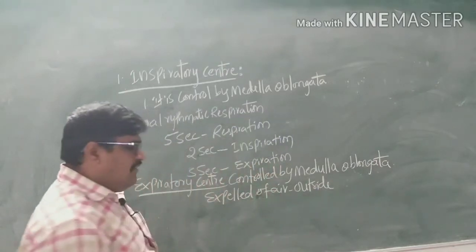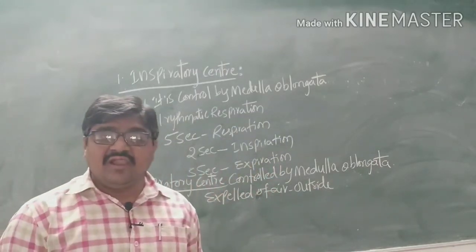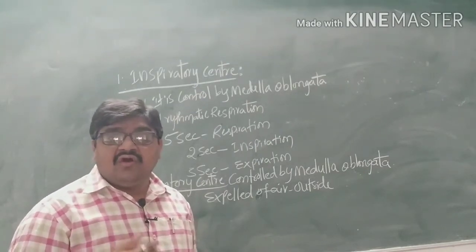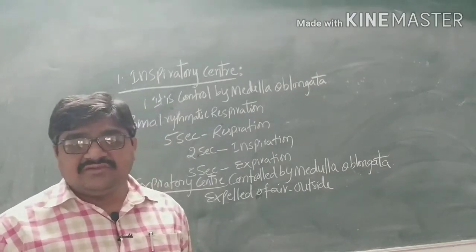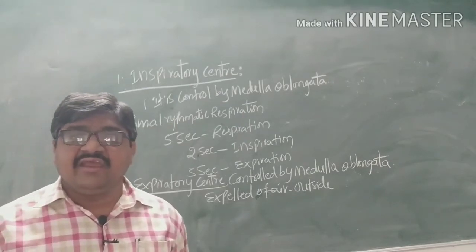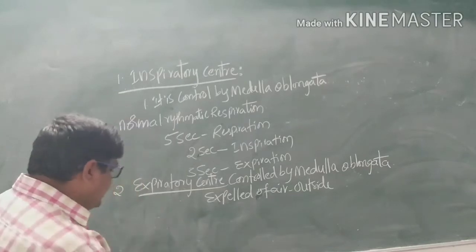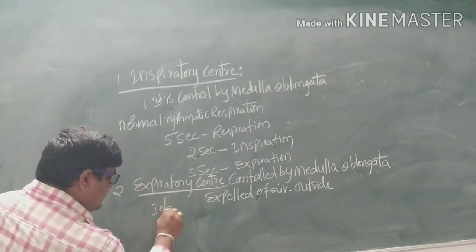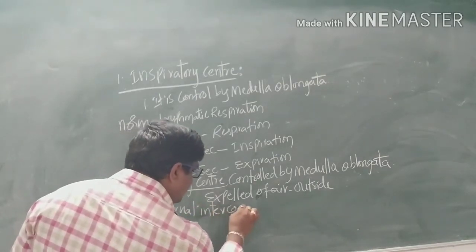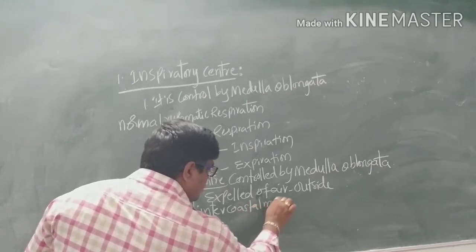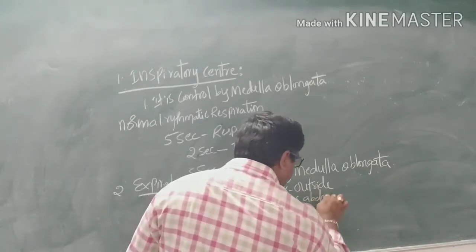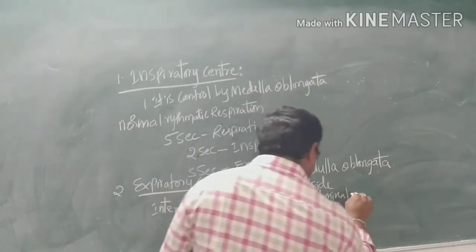So this process of expelling air outside we call expiration, where two types of muscles are helpful. One is the internal intercostal muscles, and the second is the abdominal muscles.